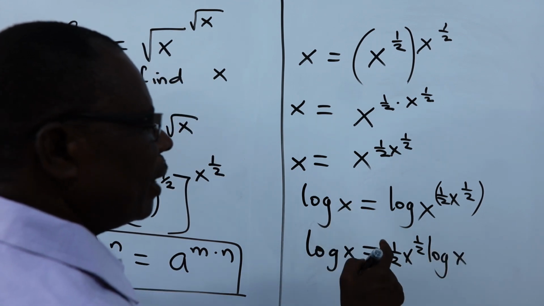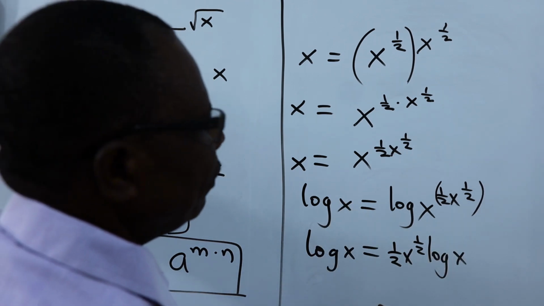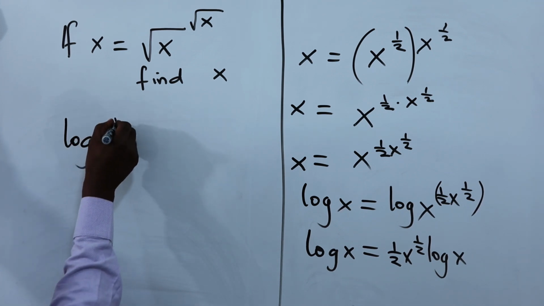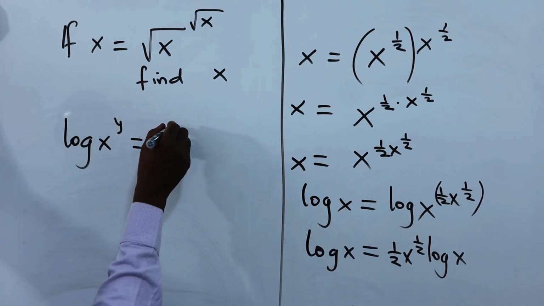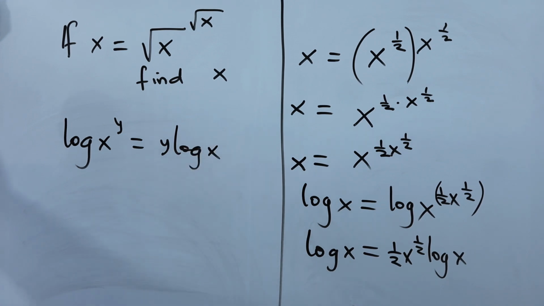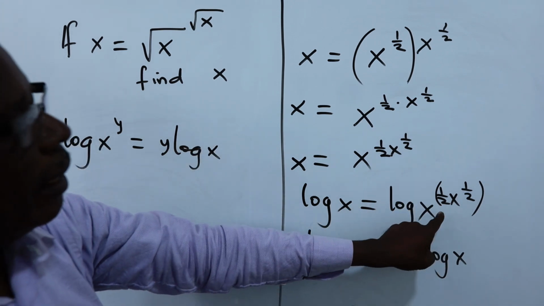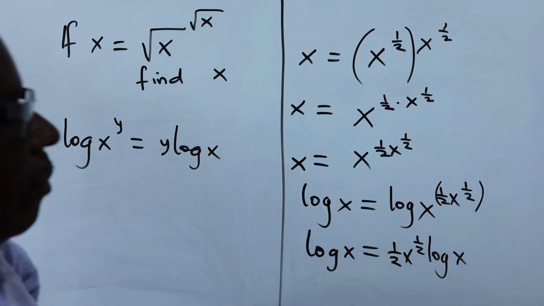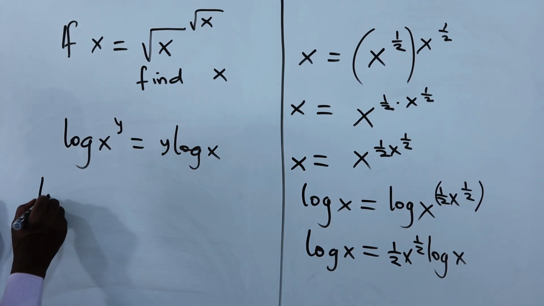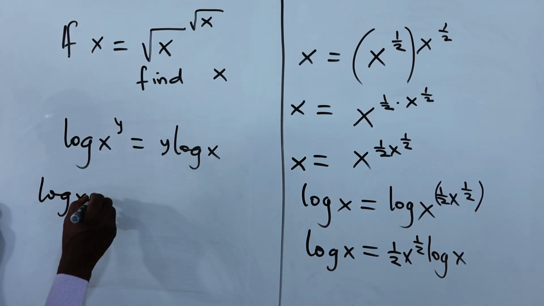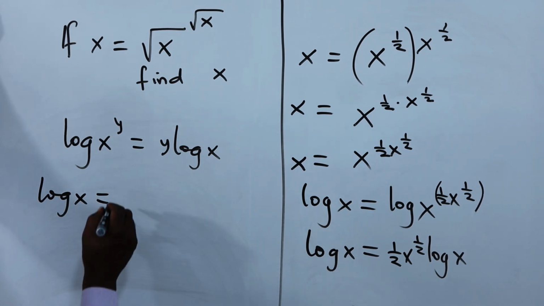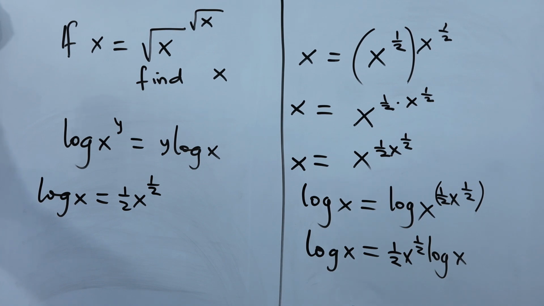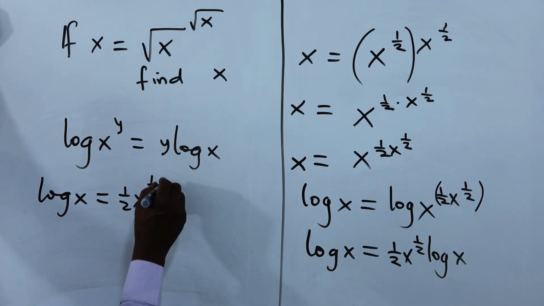That means we have employed a law of log that says log x raised to power y is equal to y times log x. That is what we've done here. This is a power, we take it to the back of it. So we now have log x is equal to half x raised to power half log x.